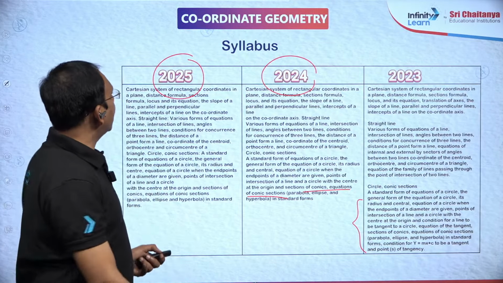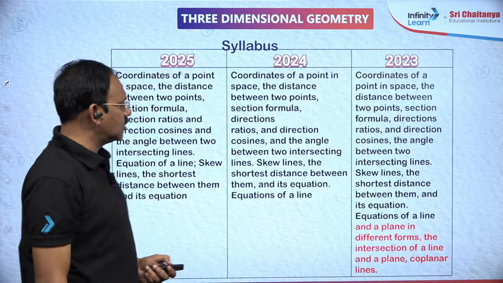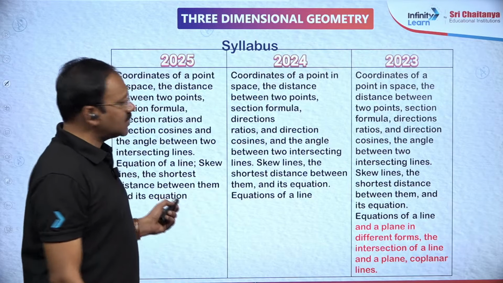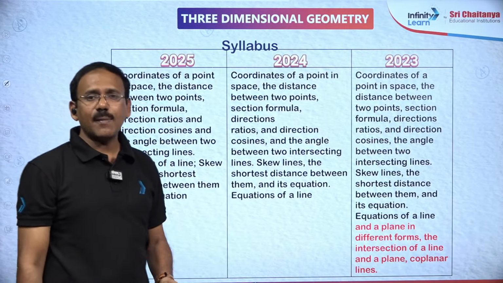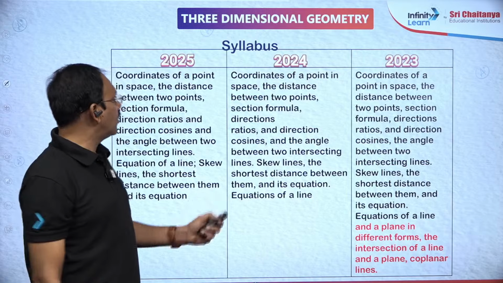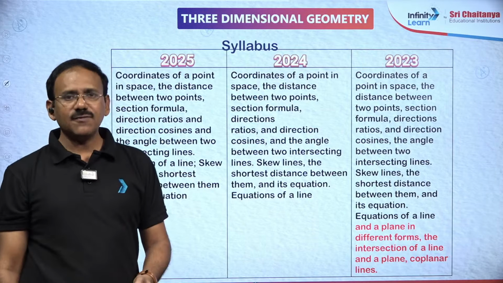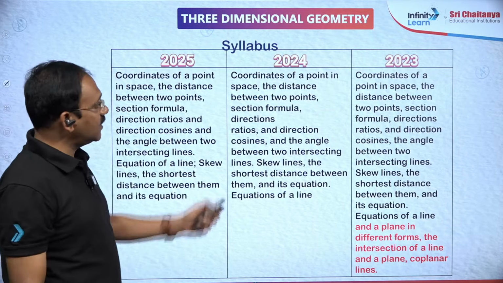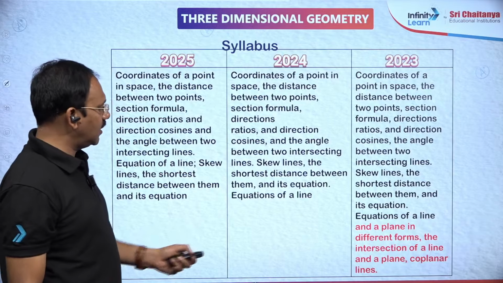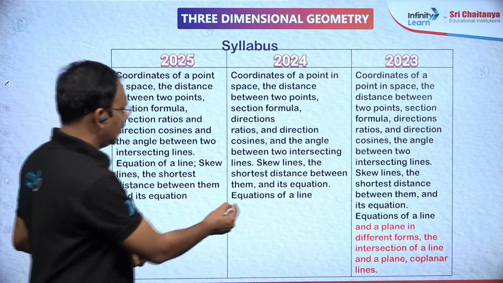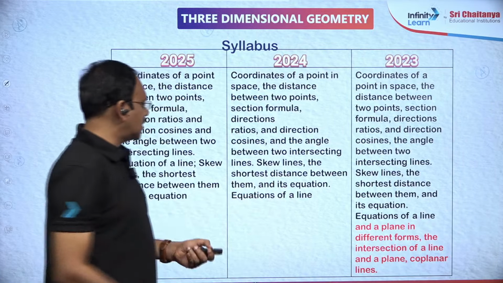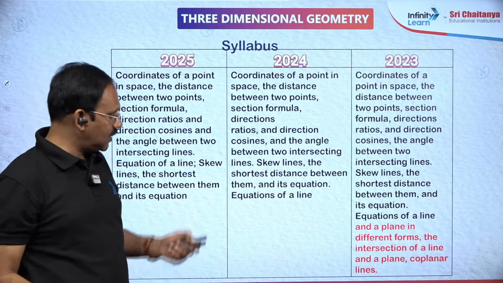Okay, right. Next, dear students, you see three-dimensional geometry. Here also in three-dimensional geometry there is no difference in 2024 and 25. And dear friends, in 2023 especially there are certain terms: after skew lines, the shortest distance between them and the equation of the line is also given.